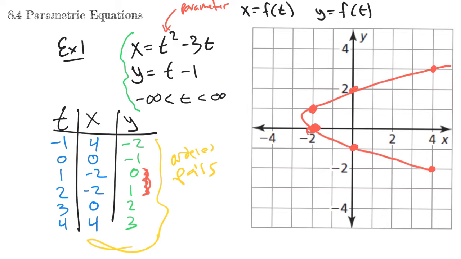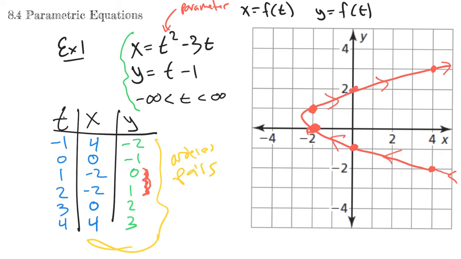And so that arrow is going to go like this, right? Think about why the arrow would be facing the direction I'm pointing it in. As t got bigger, the points traveled along this path, moving from 4, -2 to 0, -1, and so on all the way through it.